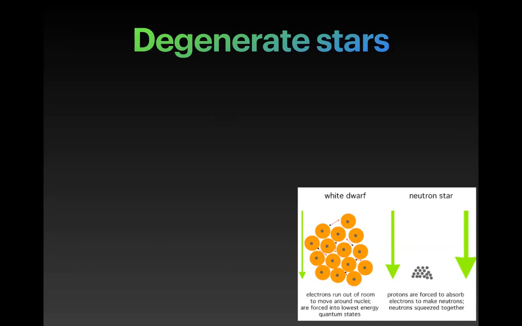Anyway, degenerate. We use this in physics to mean, when we talk about degeneracy, the number of states that have the same energy. Right. So here, when we're talking about something that's degenerate, that means that all of the available states are taken up.